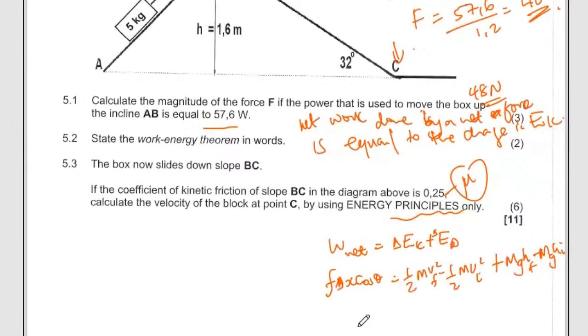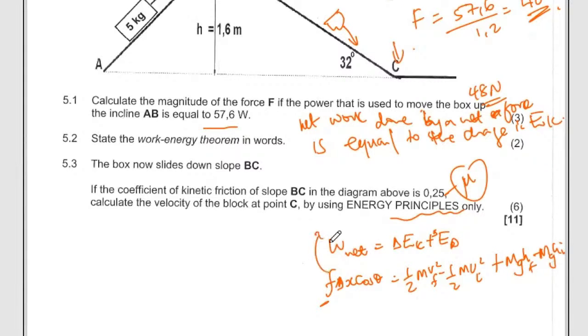Now remember, this F is for the frictional force, the work done by the frictional force. If you look at the free body diagram, I don't want to use the free body and the forces and so on, but we can also use that and get the velocity. So let me stick to this.